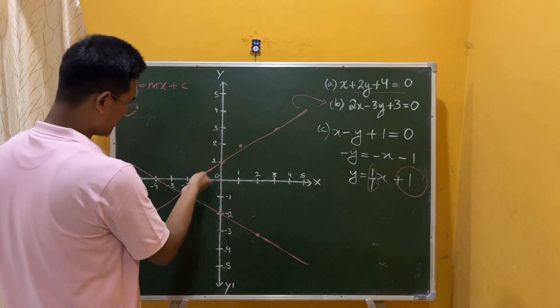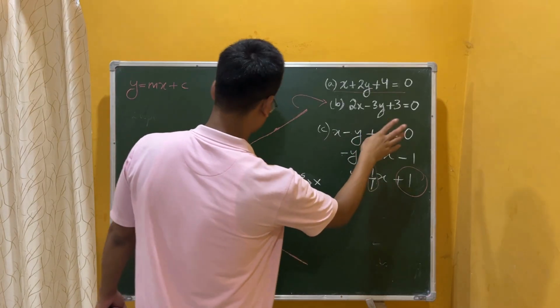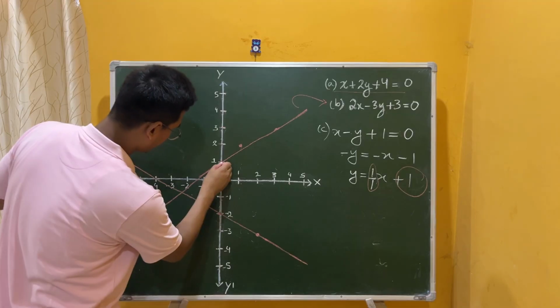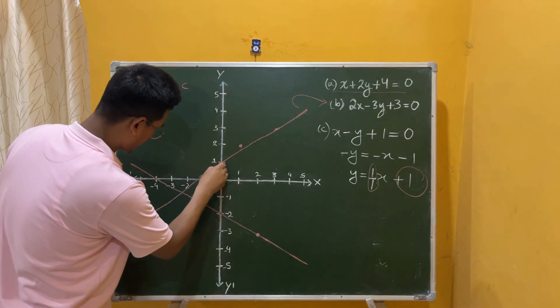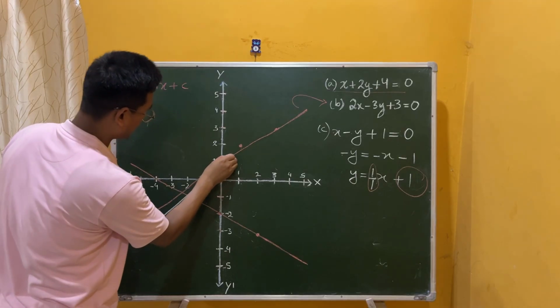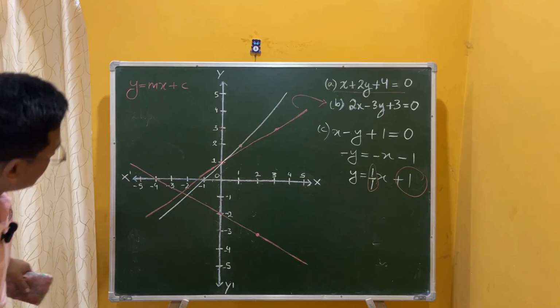So it passes through, if y is 0. So this is the line. Can you see the white line? Yeah.